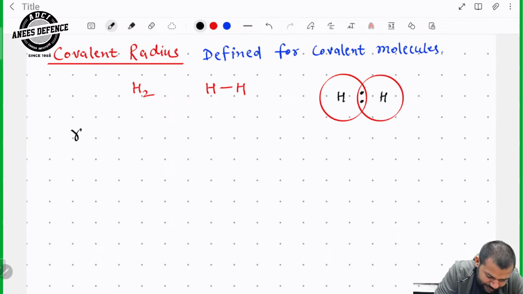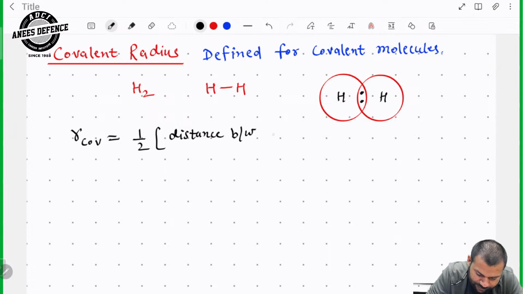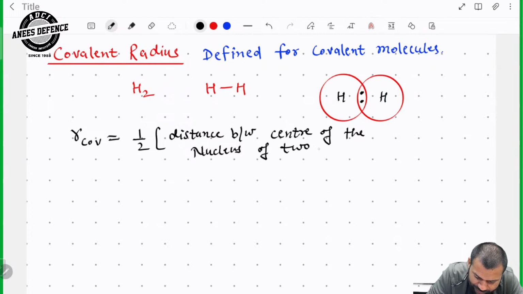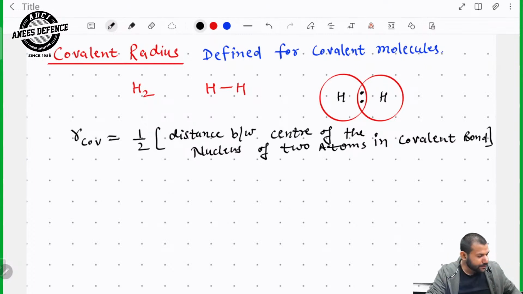So R covalent is defined as half of the distance between the centers of the nuclei of two atoms in a covalent bond. Understood?